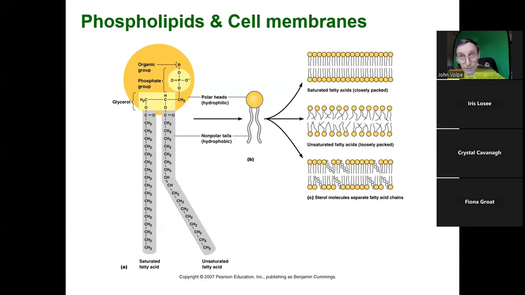You do not find it in plant tissue or in fungi like mushrooms because they don't use cholesterol in their cell membrane. So they don't make cholesterol. But animals do, and they put it in their cell membrane to help give support to the cell membrane. And they need that support because animals don't have a cell wall to help protect the cell membrane. Any question about any of that?